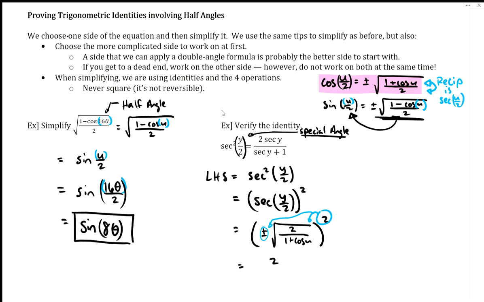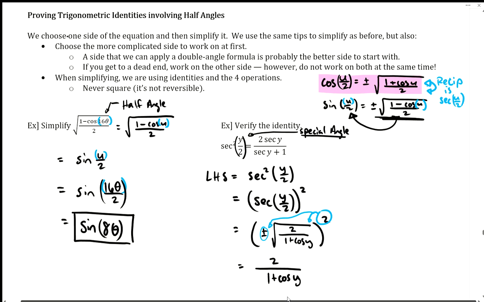So we're left with 2 over 1 plus cosine of u. Then I look back and say, oops, I started with y. I instantly wrote the one that I highlighted in pink. It's a quick fix, since only the letter is different. So sorry, this should be y. There we go. If it was a different letter, you might need to erase it and change it, but here it is just one switch.